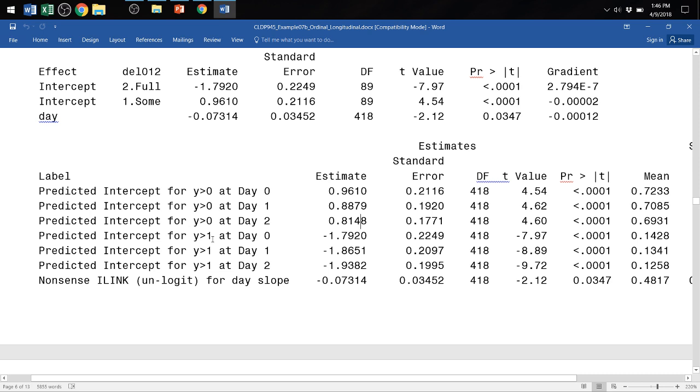Likewise, here's my predicted logit of full delirium rather than none or some. It's not very likely, so it's a small number, because there's not a whole lot of people who had full delirium, but it gets more negative across the days, gets smaller.